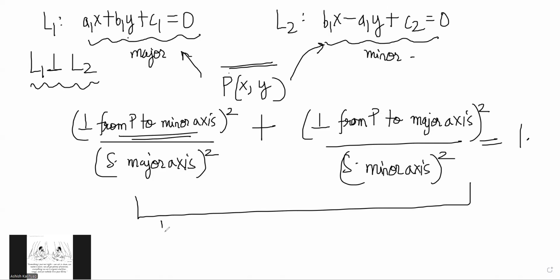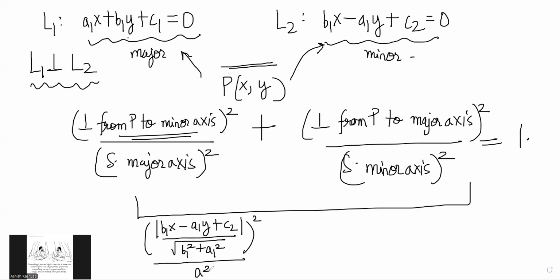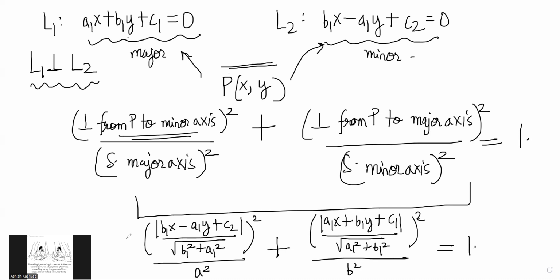So to this axis, I'll say |b1x minus a1y plus c2| by root over b1 square plus a1 square, whole square divided by a square, plus here I will say |a1x plus b1y plus c1| by root over a1 square plus b1 square, whole square divided by b square is equal to 1. Whatever equation comes from here is the equation of my ellipse, right?